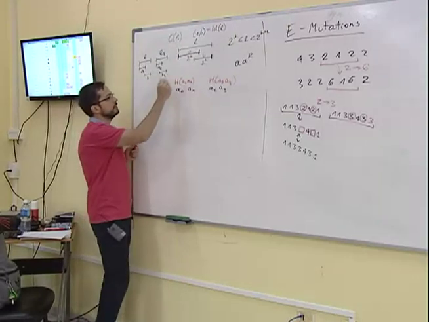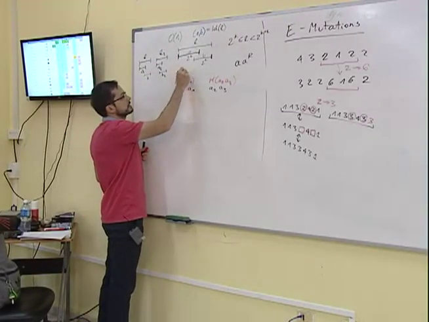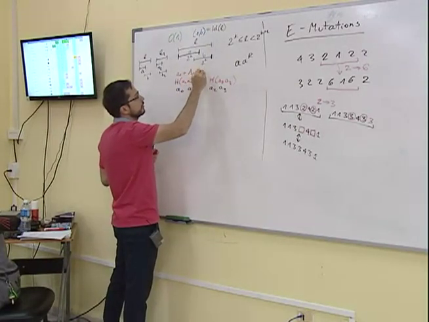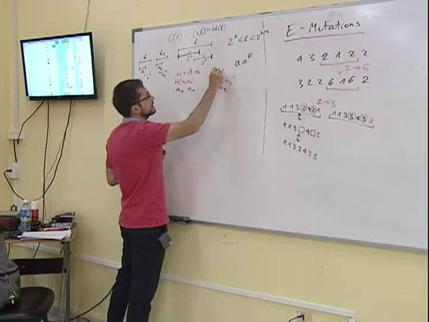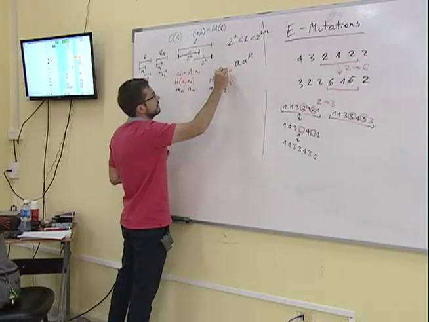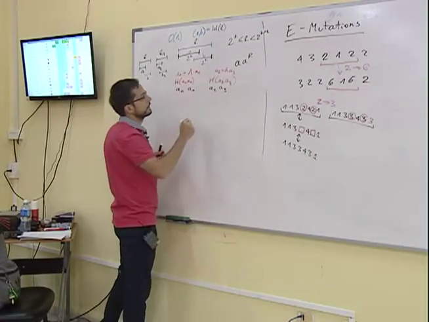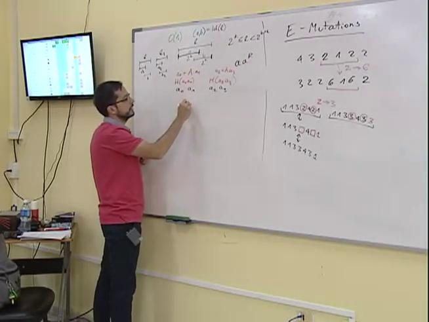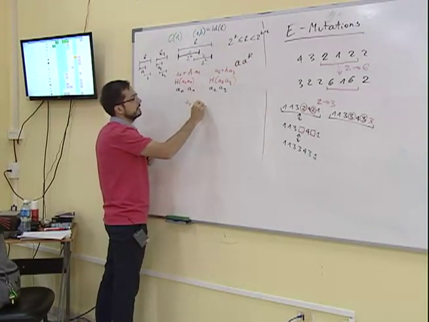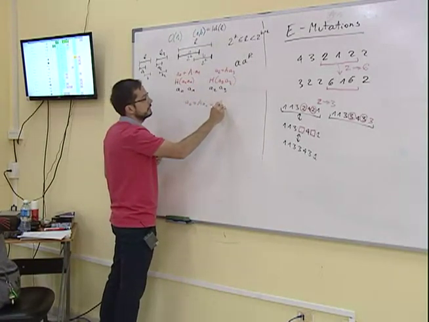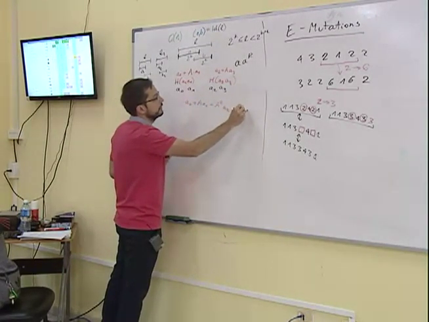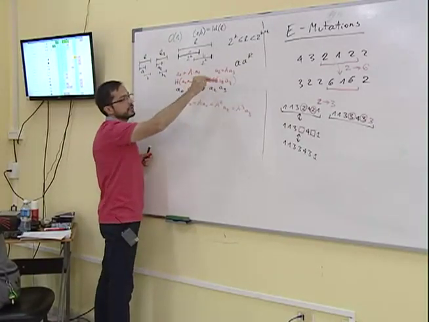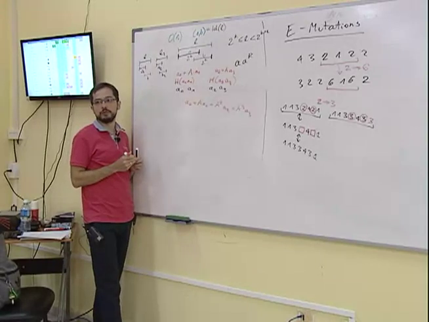Well, the hash value here is a0 plus some kind of a times a1, of course modulo p, and this one is a2 plus a times a3. If you want to combine these hashes together to get a0 plus a a1 plus a squared a2 plus a to the power of 3 a3, you just have to multiply this hash by a squared and add them together.